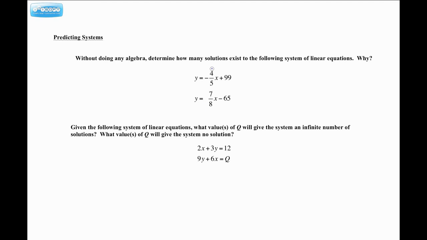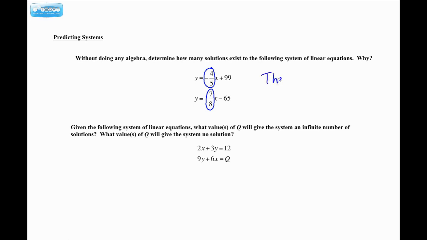But note here, look at the slopes. I don't really care what they are per se. All I'm noticing is that they are different, which tells me automatically that these lines, if I were to graph them, cannot be parallel. So if lines are not parallel, they must cross somewhere, only once. Okay, so I don't need to graph a single thing.